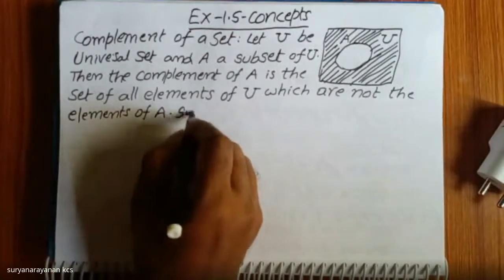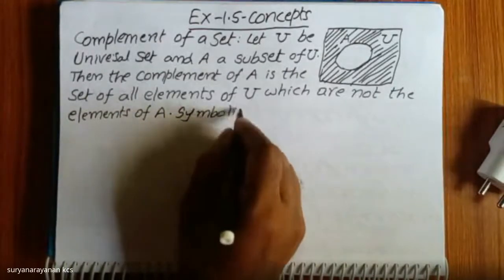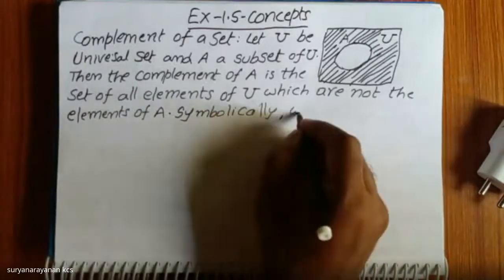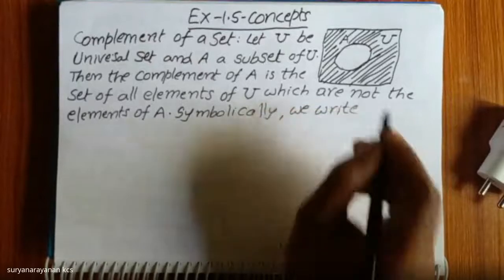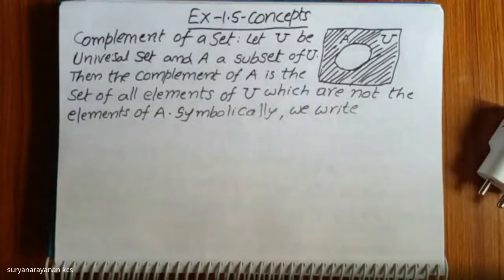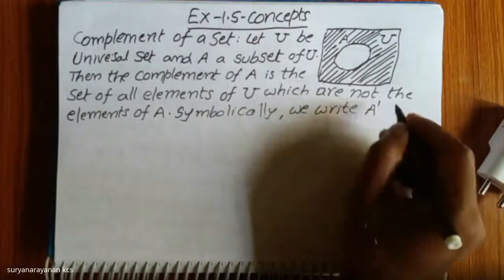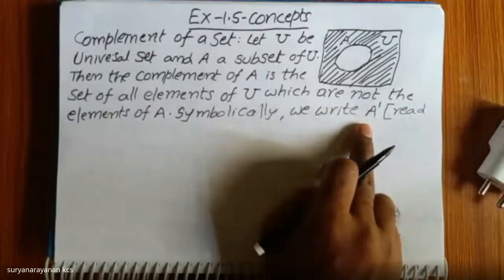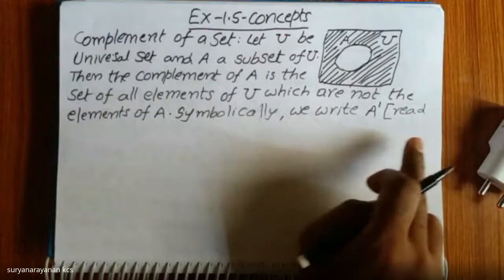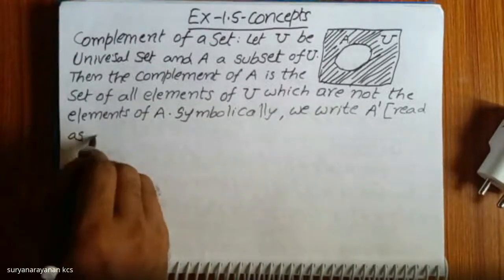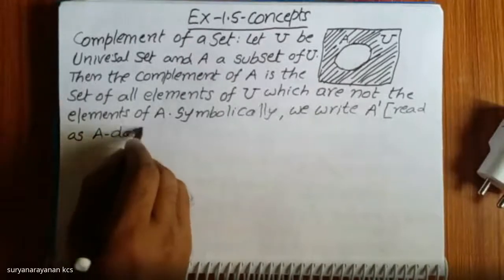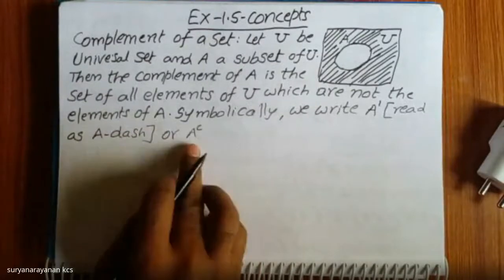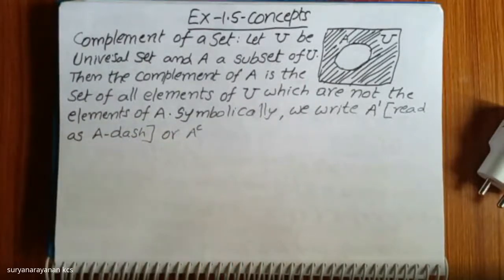Symbolically, we write, we use this symbol to denote complement of set A, and it is read as A dash, or sometimes we use this notation also, A complement.